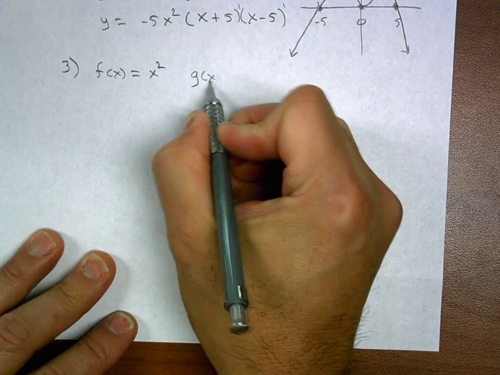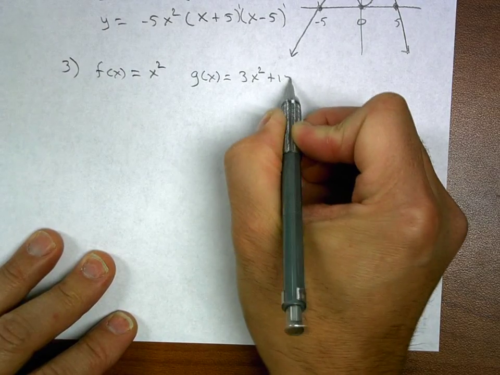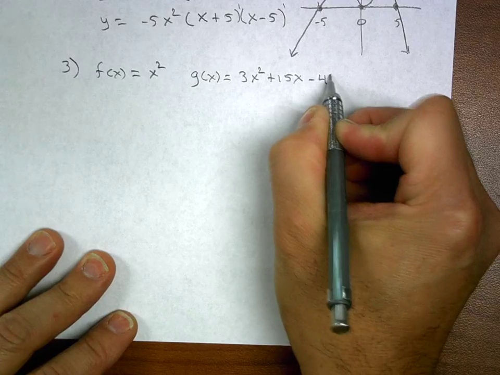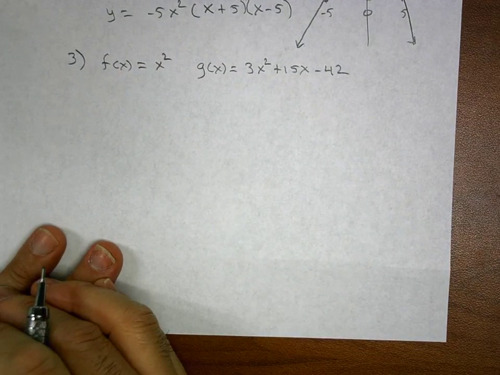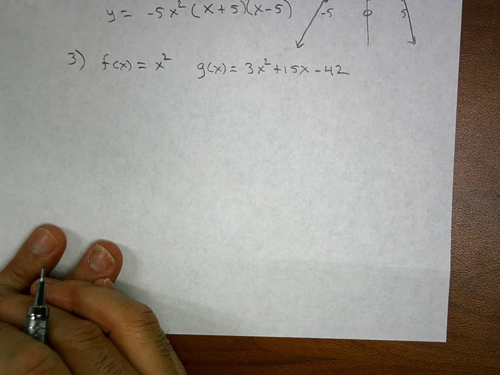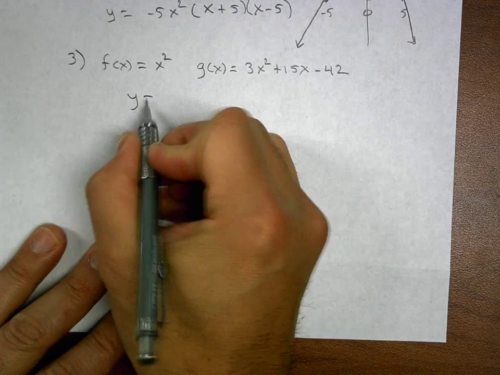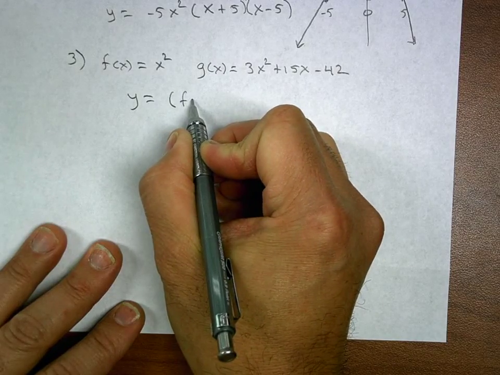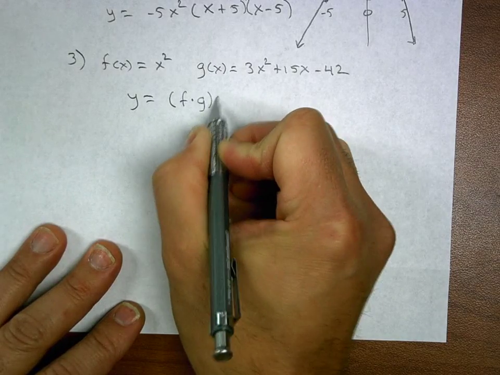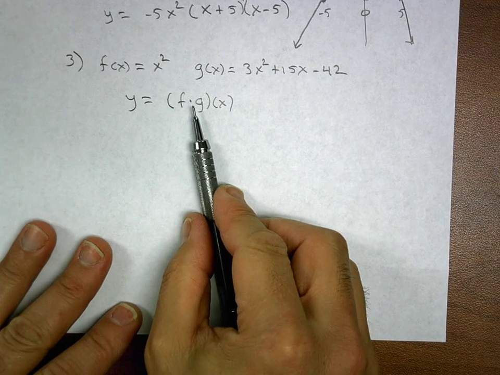Let's say g of x equals 3x squared plus 15x minus 42. We want to graph y is equal to f times g of x.